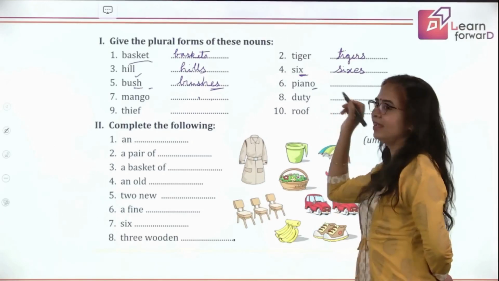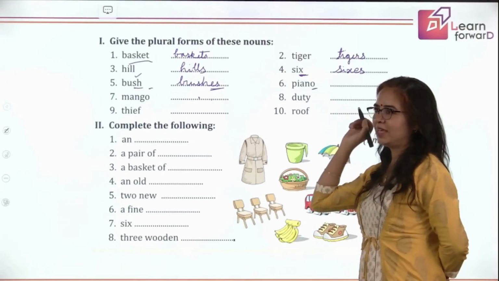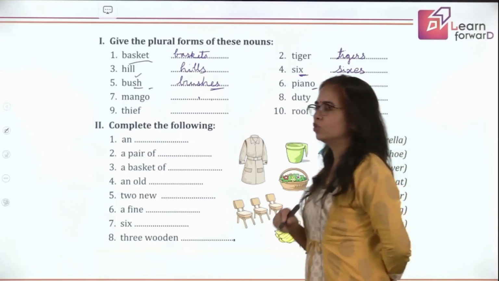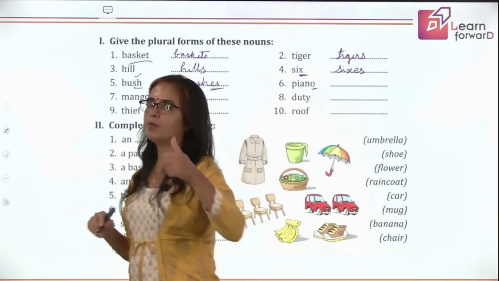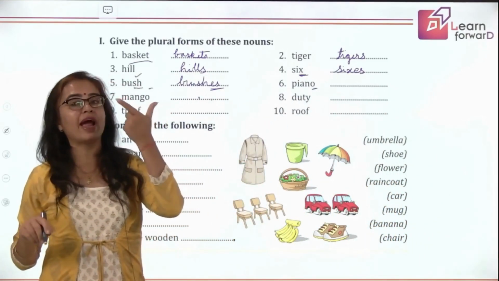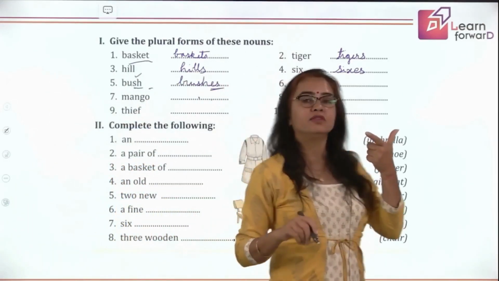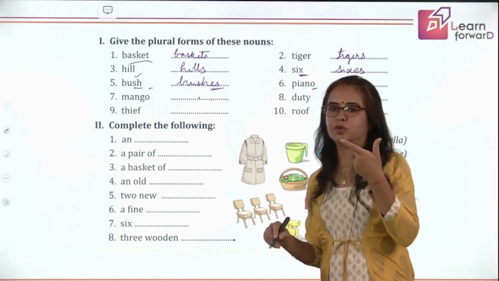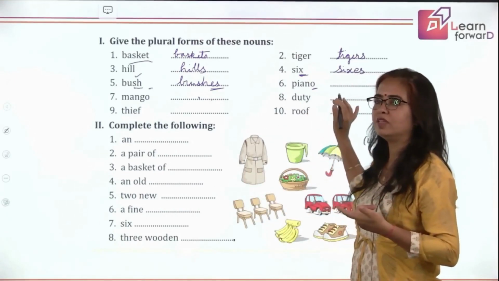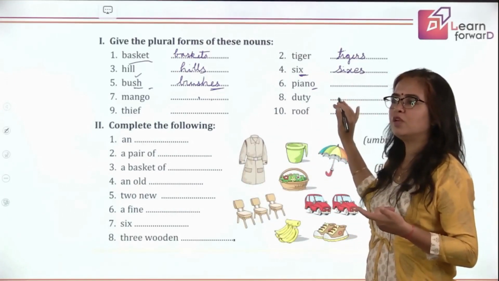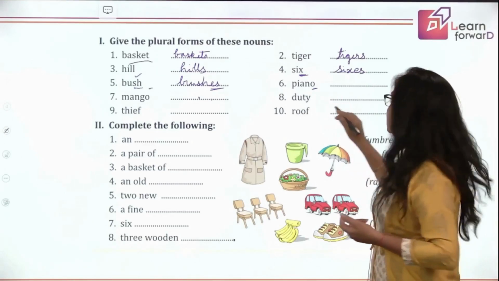O ending. Okay. In O also we have learned so many rules. We have learnt about adding S. We have learnt about adding ES. We have also learnt which words will follow which rule. Tell me, what will you do with this? To which list will you take it? Yes, good.